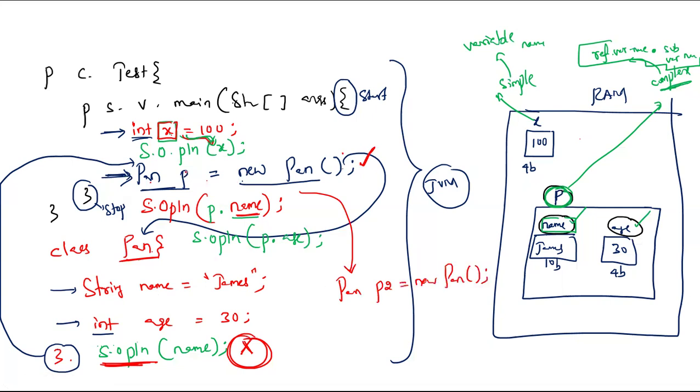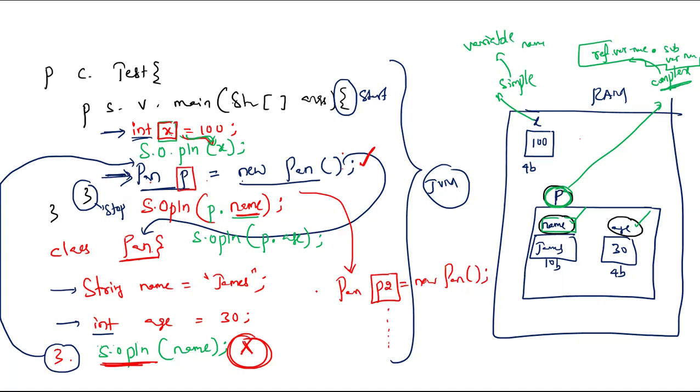So here what is the reference name? P. Here what's the reference name? P2. So can we use the same reference names? No, we must use a different reference name. So like this, we can create any number of objects for one class. Then, will different data be loaded or the same data be loaded into the memory?